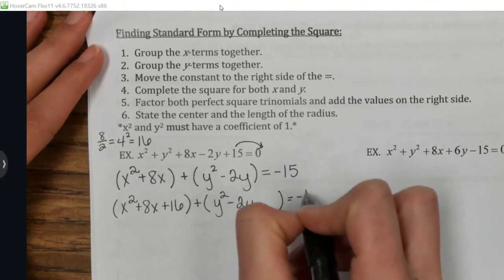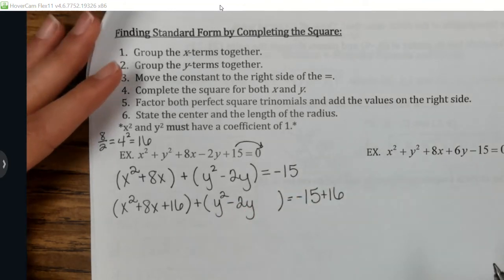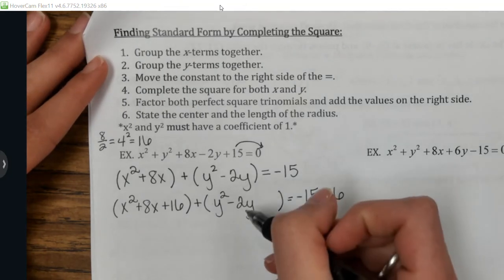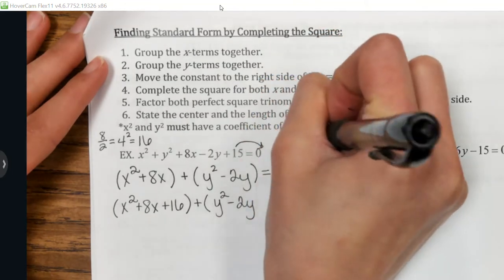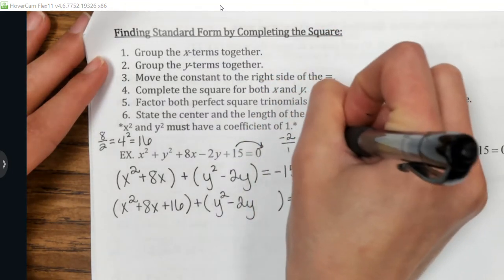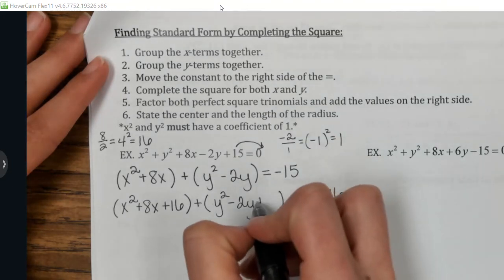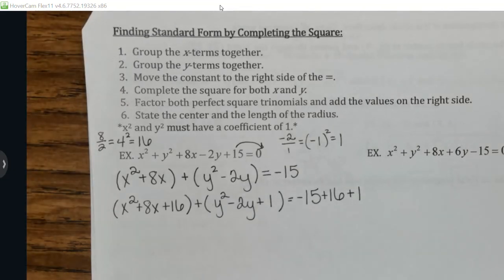I've got to also add it to the right side of the equation. Then I'm going to do the same thing for y squared minus 2y. I take my negative 2 divided by 2. That gives me negative 1. Negative 1 squared is 1. So I'm going to add 1 there and also add 1 to the right.